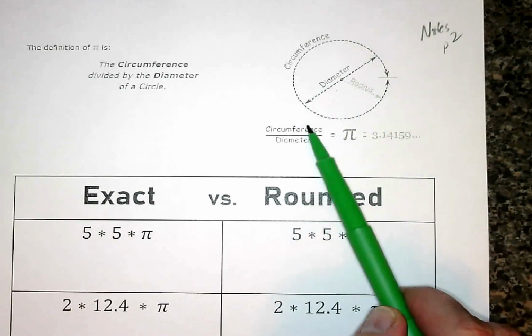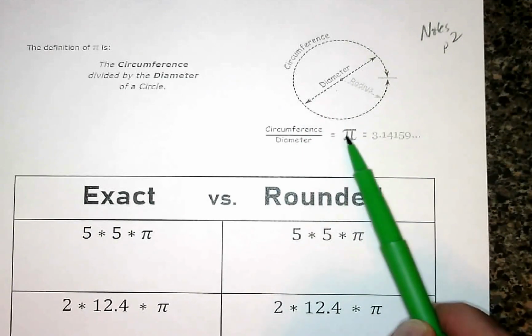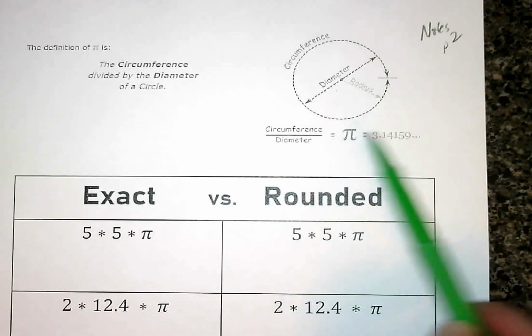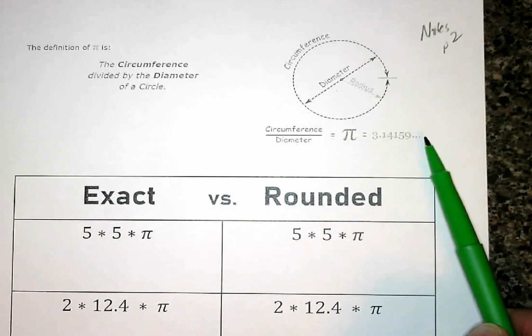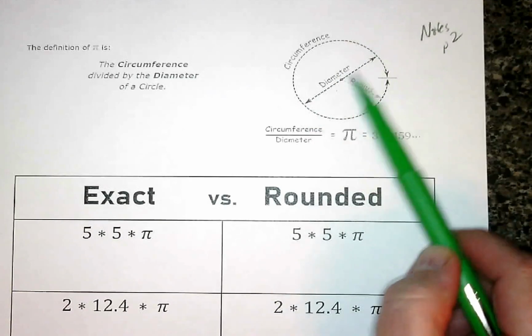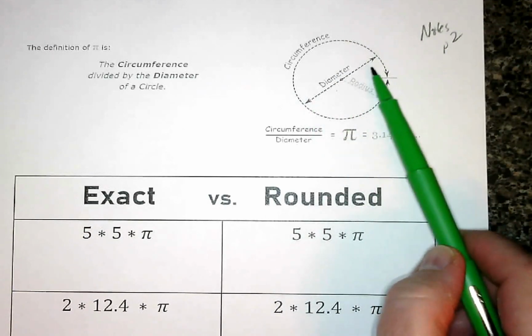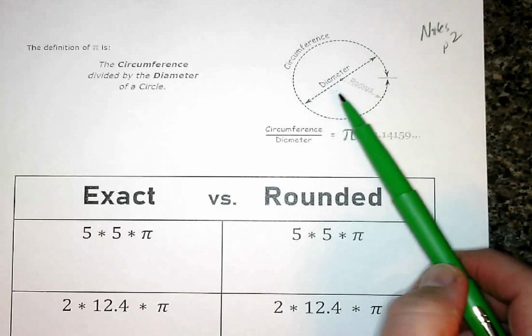When I take the circumference divided by the diameter, that is represented as pi, which approximately is 3.14159. It doesn't matter how small or how big the diameter is, the ratio is always going to be a little bit more than 3 of these to equal the circumference.